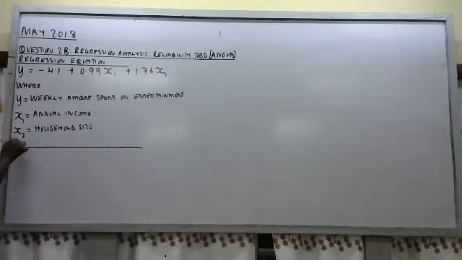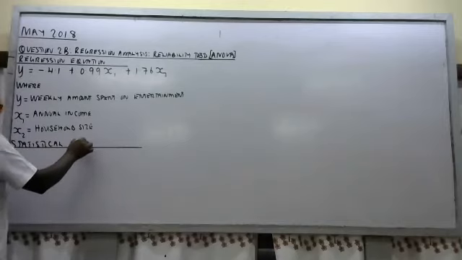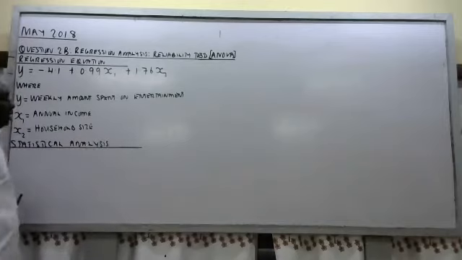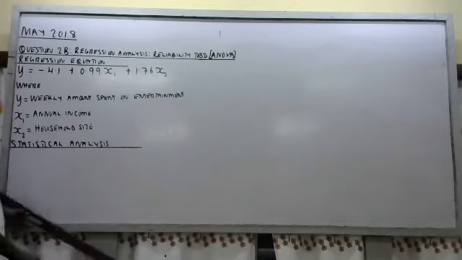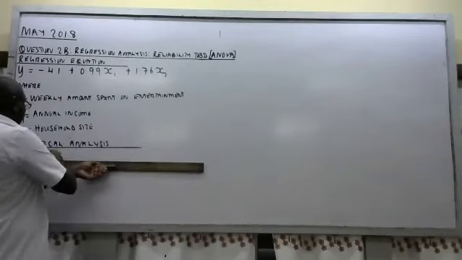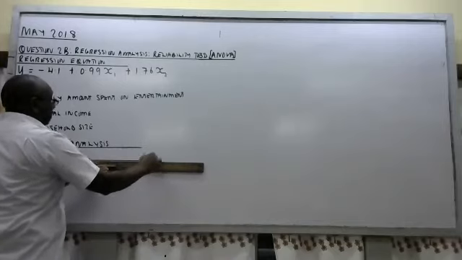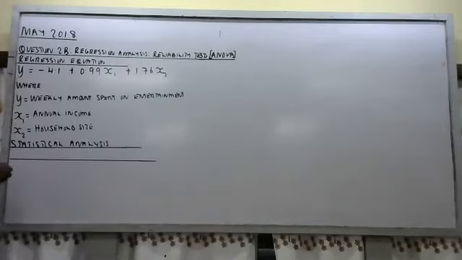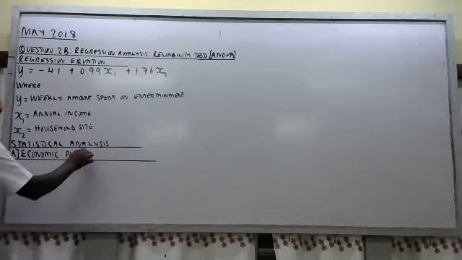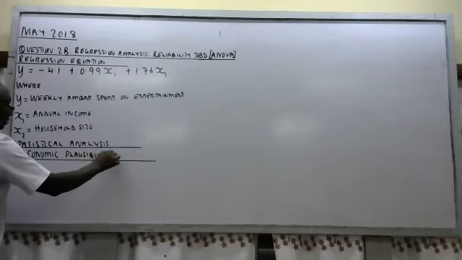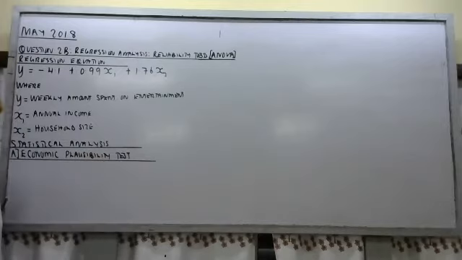In the statistical analysis, the first category, I want to call it A, is the economic plausibility test.